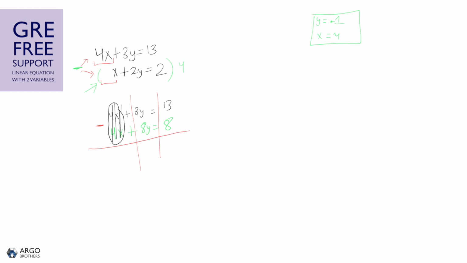The next one is going to be 3y minus plus 8y. Well, when I have a minus and a plus, it's simply a minus still. So it's 3y minus 8y, which is going to be minus 5y, is equal to 13 minus 8, which is going to be 5. And now I can divide both sides by negative 5 to solve for y. And y is equal to 5 divided by negative 5, which is negative 1.